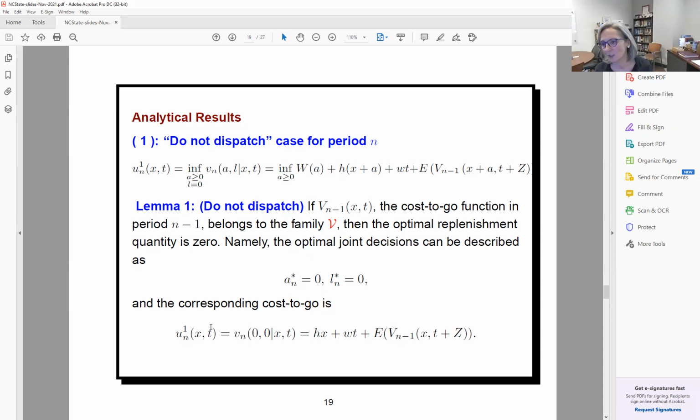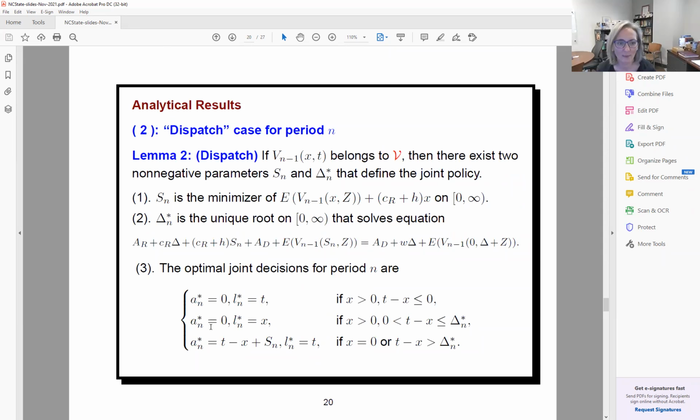This is intuitive, based on abundant literature in production and inventory control, because if you're not going to release an order, there is really no reason to bring in additional inventory. Lemma 1 is true if the cost to go function of our problem belongs to family script V.